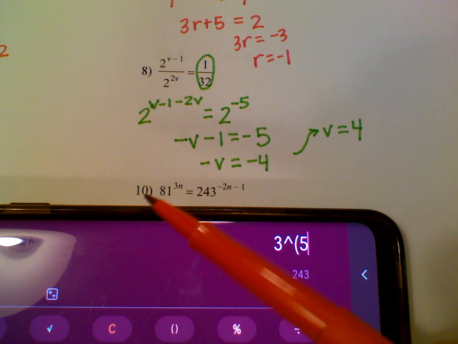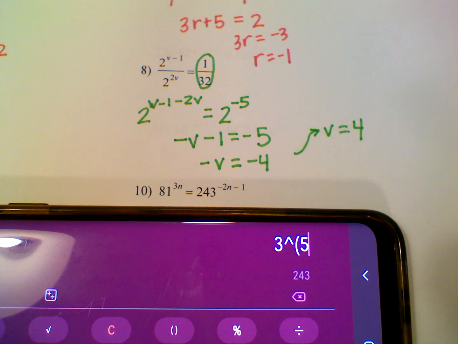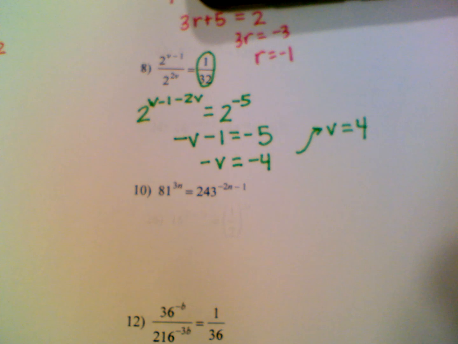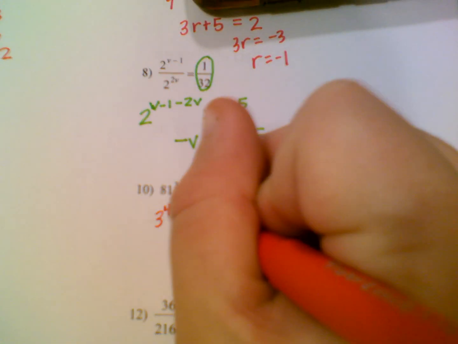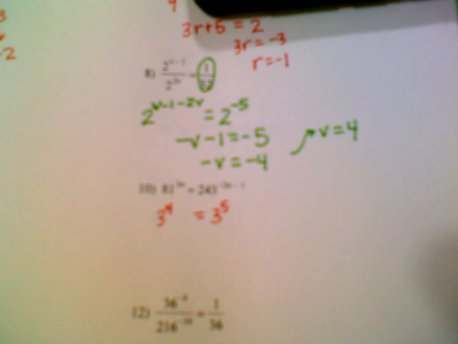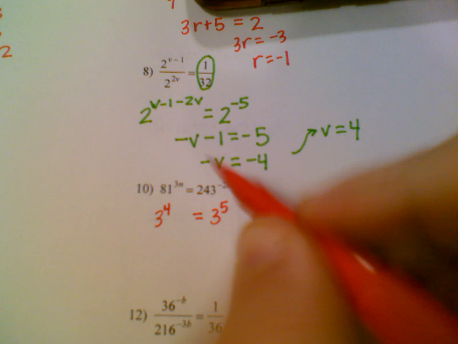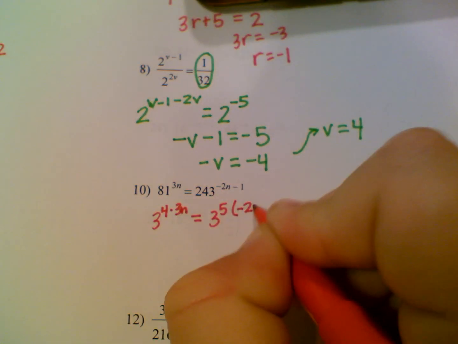So at first glance, you might have thought that the common base we needed to turn them into is 9. But in this case, it's actually 3 because we couldn't get the powers to work out. So this is 3 to the 4th, and this side is 3 to the 5th. And then what do you do with the 4th and the 5th and the powers that were already there? Well, we multiply them. That's the power to a power rule.